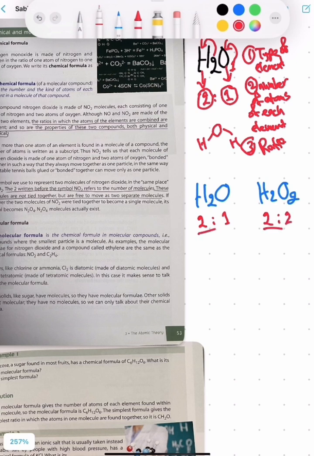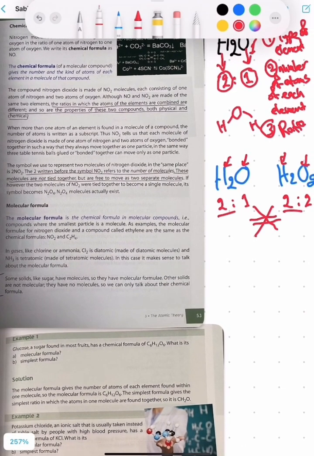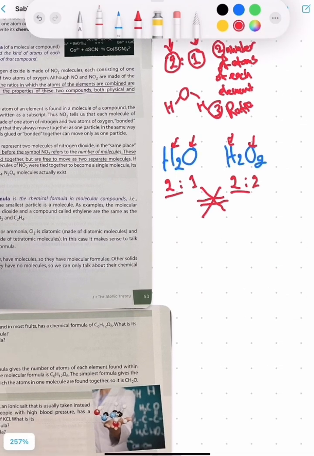Because the ratio is not the same, even though they have the same type of elements, hydrogen and oxygen, these are not the same substances. These cannot be considered the same substances. Why? Because the number of atoms, the ratios, are not the same, even though the elements are the same.